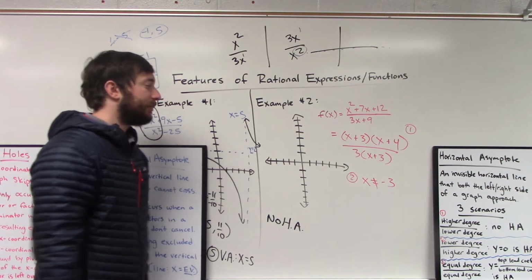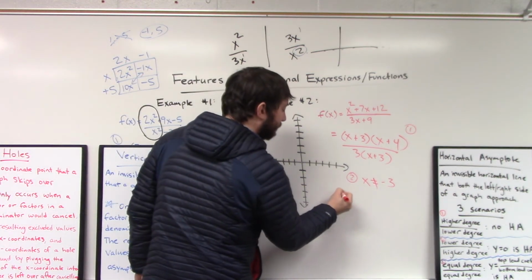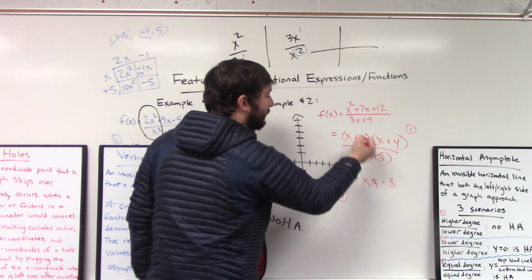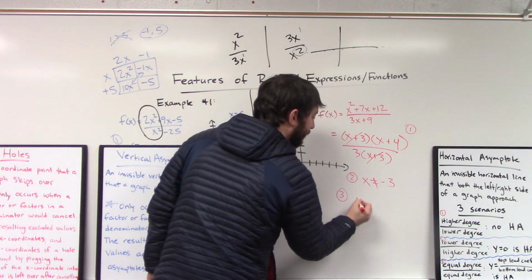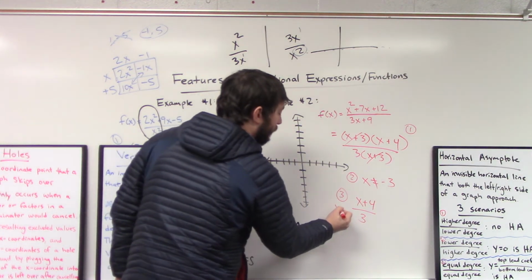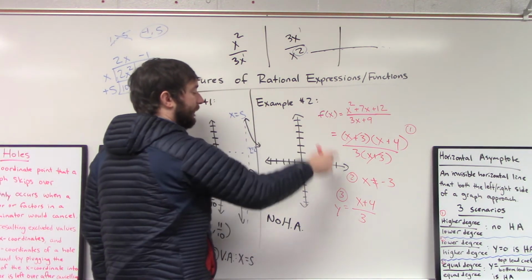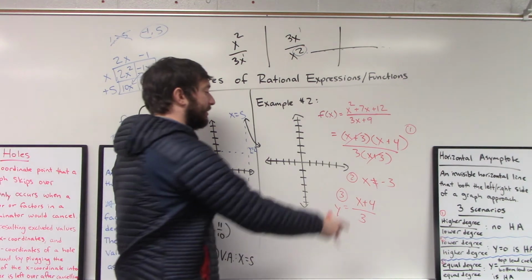Again, excluded, not allowed. Only now can you cancel top and bottom, simplify. What's left over? x plus 4 divided by 3, y equals this, or f of x equals this. Simplified expression with this excluded value.